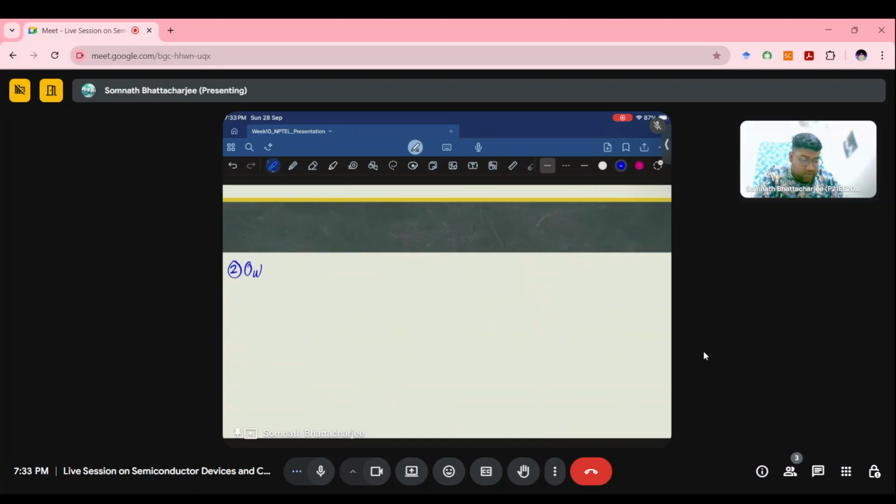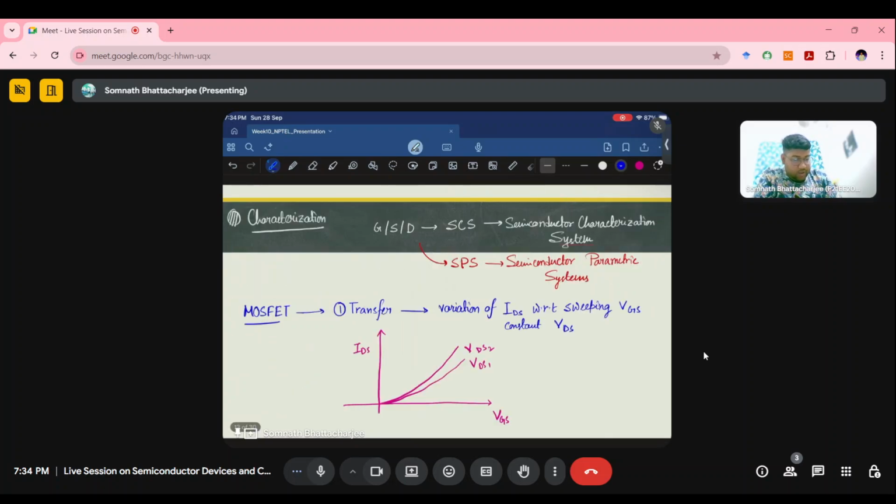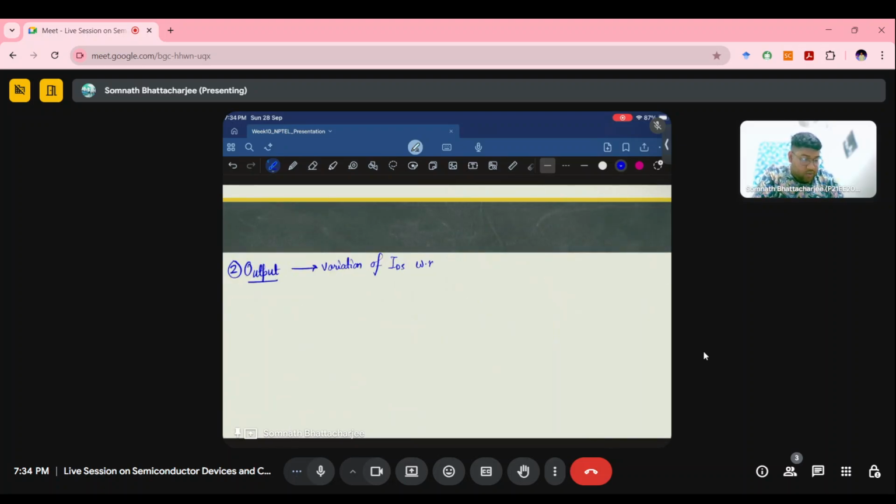The second type of characteristics is the output characteristics. That is, we are measuring the variation of IDS with respect to sweeping VDS.